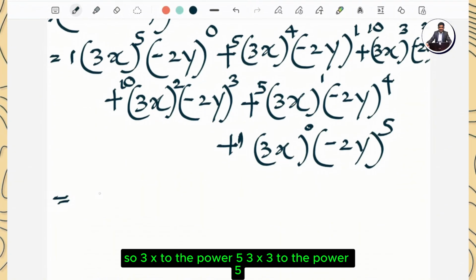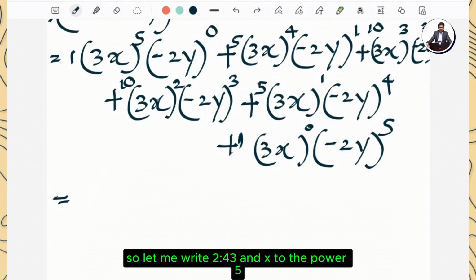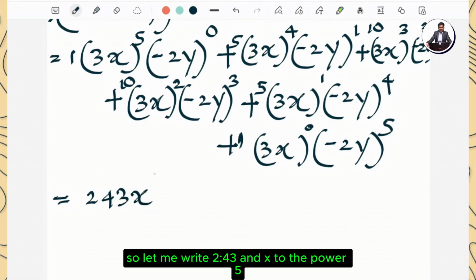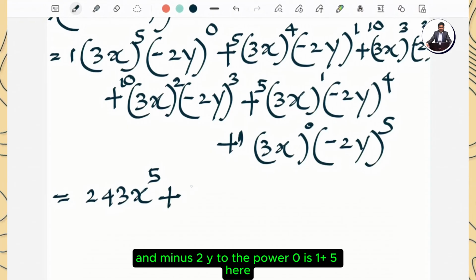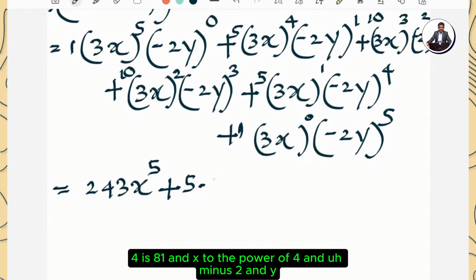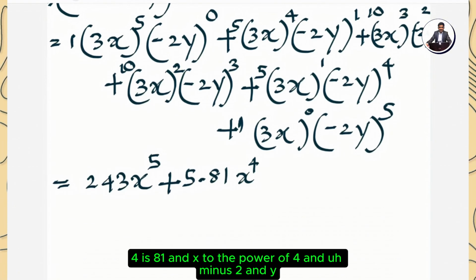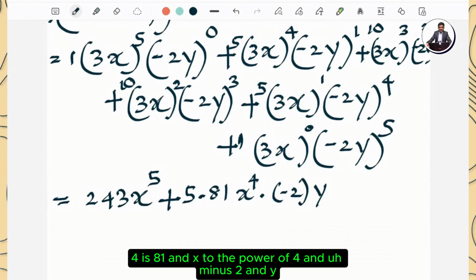So 3x to the power 5: 3 to the power 5 is 243. So let me write 243 x to the power 5, and minus 2y to the power 0 is 1, plus 5 here. 3 to the power 4 is 81, x to the power 4 and minus 2y.